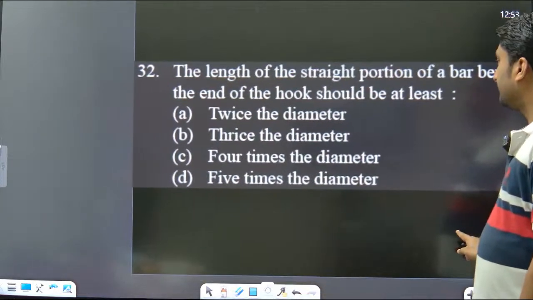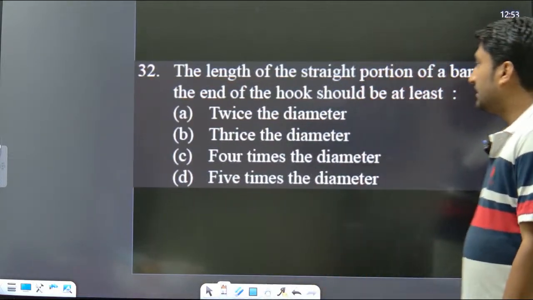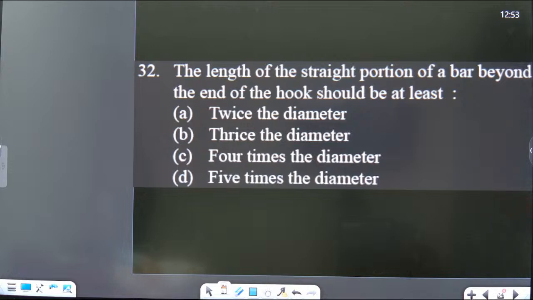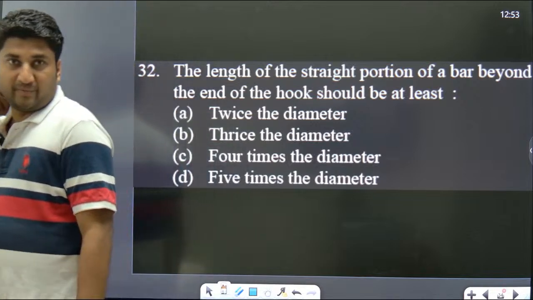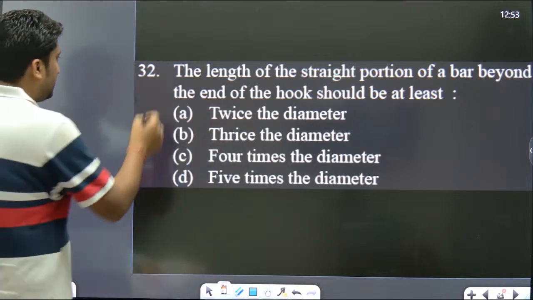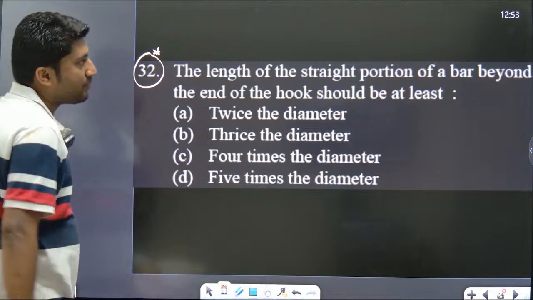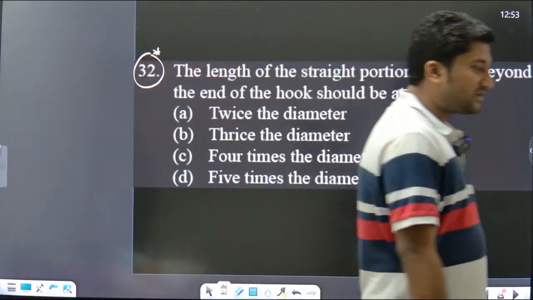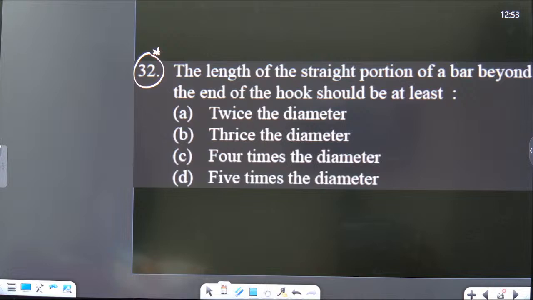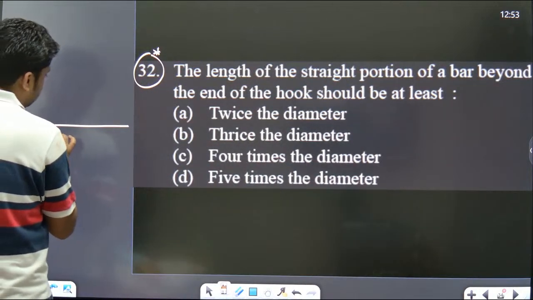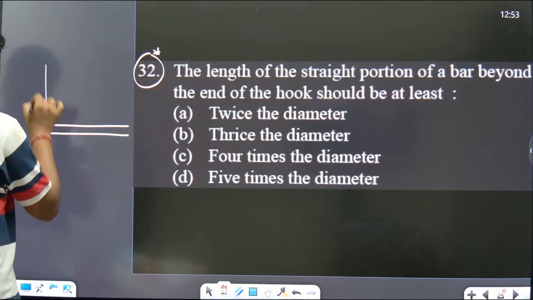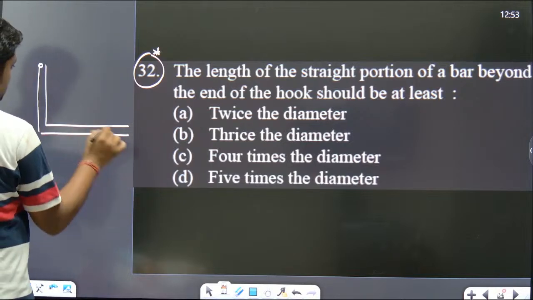Answer this question. The length of the straight portion of the bar beyond the end of the hook should be at least... This is an important question, please put a star mark on this. If this is the length of the bar, beyond this, how much is the straight portion?